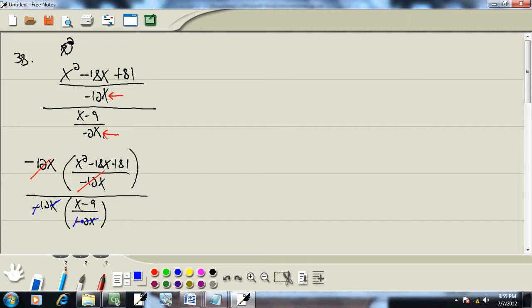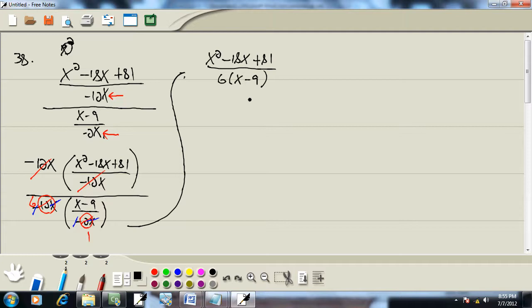The negatives will cancel. And I'm left with 2 and 12, which are both divisible by 2. 2 divided by 2 is 1. 12 divided by 2 is 6. So up on top, I'm left with x squared minus 18x plus 81 over, on the bottom, 6 times x minus 9.